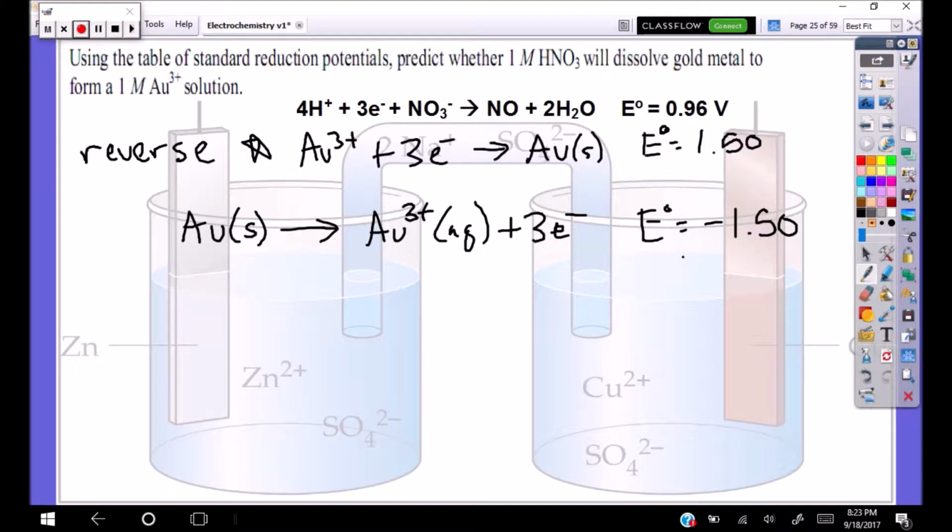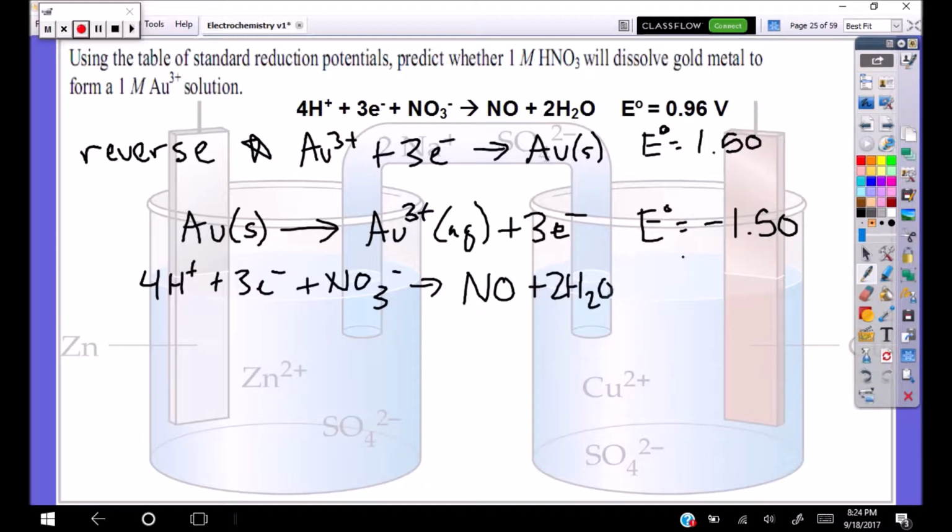Now, normally I would say it's good practice to go out and balance this whole thing, but in the end of the day, that's not really what we want to know. It would just be wasting yourself some time. What we want to know is whether or not this will be spontaneous. So, to check to see if it's spontaneous, we just need to add our half reactions together, whether they're balanced or not. The balance does not affect the cell potential.